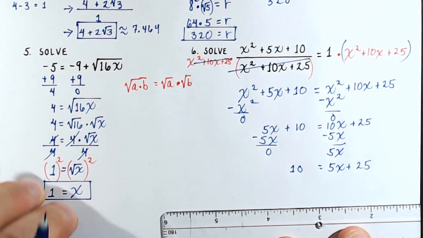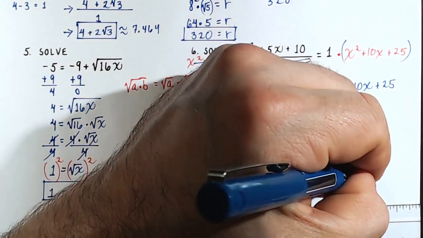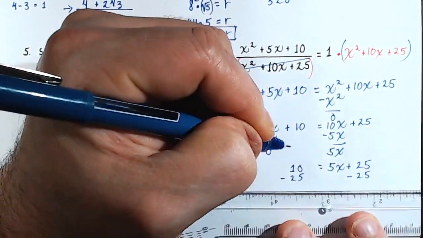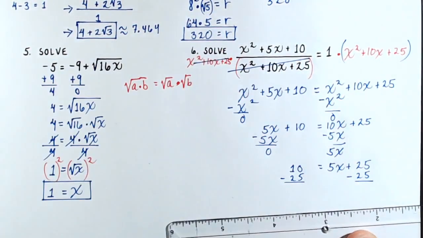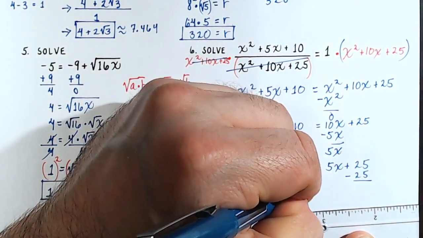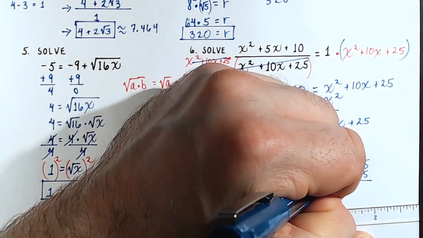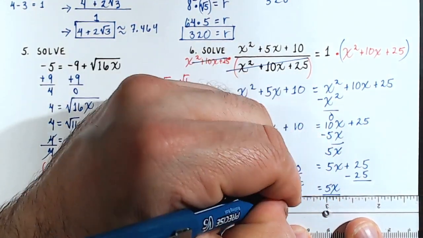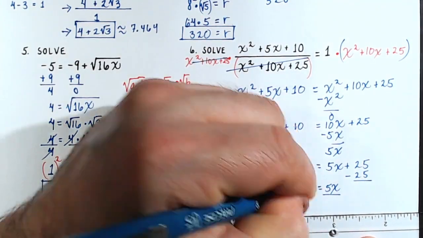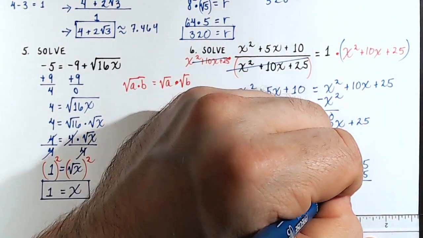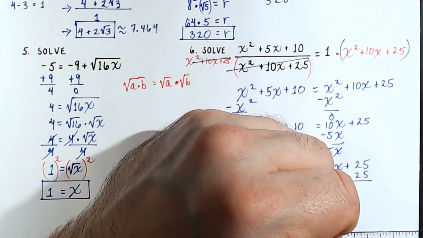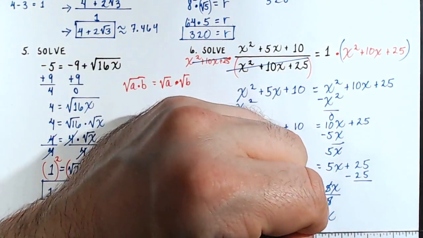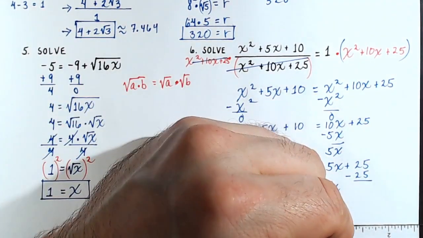Now, what I need to do is subtract 25 from both sides to try to get x by itself. 10 minus 25 is negative 15 equals 5x. Now to get x by itself, I just divide both sides by 5. The chief benefit there is the 5's cancel on the right, leaving x by itself equal to negative 15 divided by 5, which is negative 3. So x is negative 3.